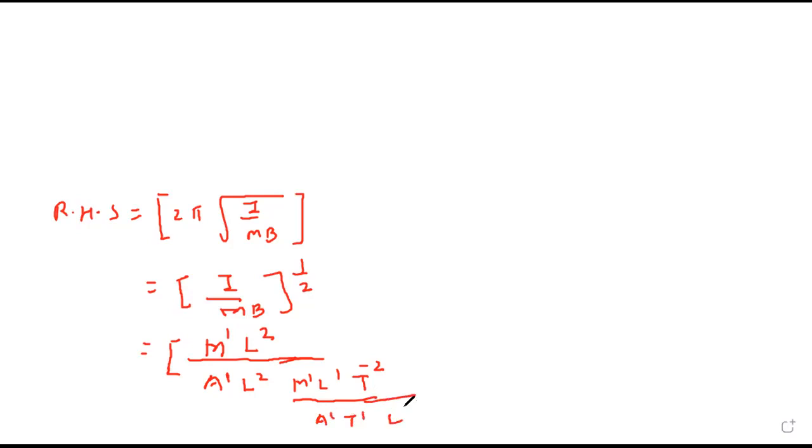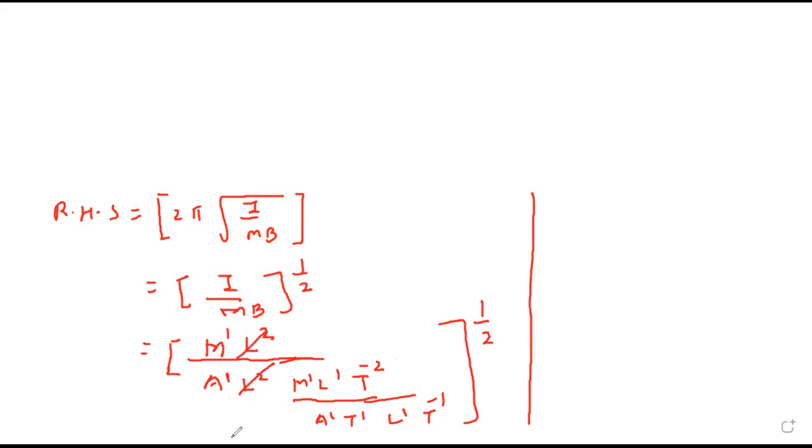And V is L1, T minus 1. This whole raised to half. I hope you followed till this. This is F, this is Q, this is V. We can take this up also after judgment. Right now I wrote as per your information.